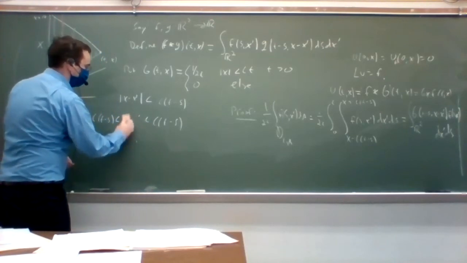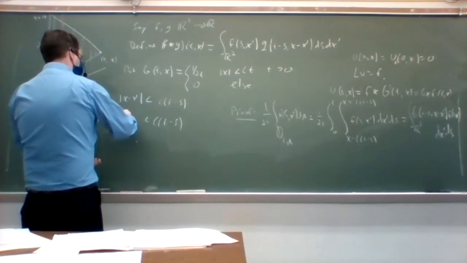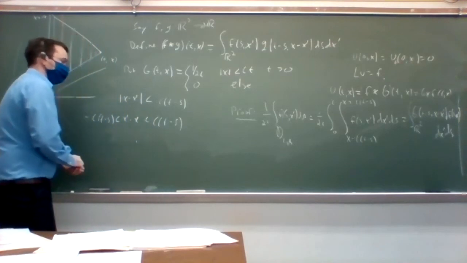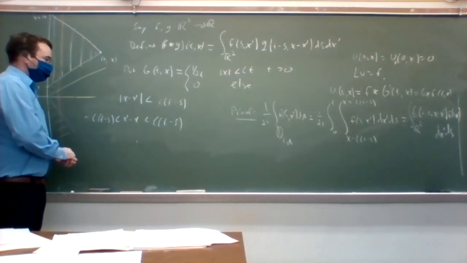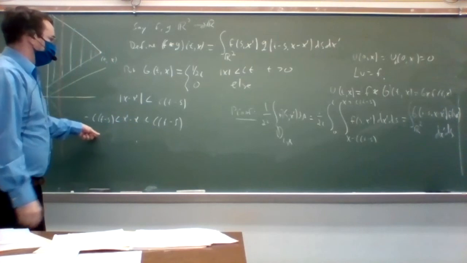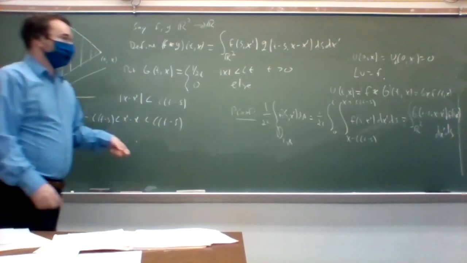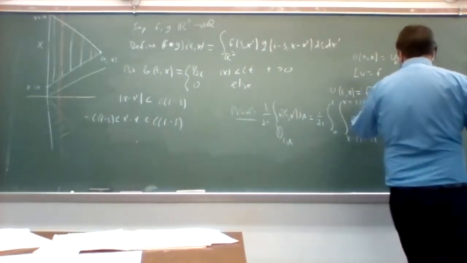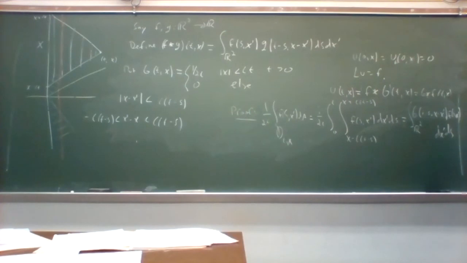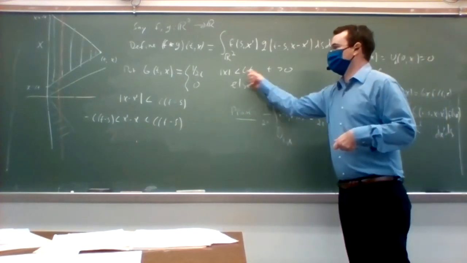Doesn't change anything. And then just add x to both sides and you're done, because you've got exactly these bounds of integration. And you've got s ranging from 0 to t.